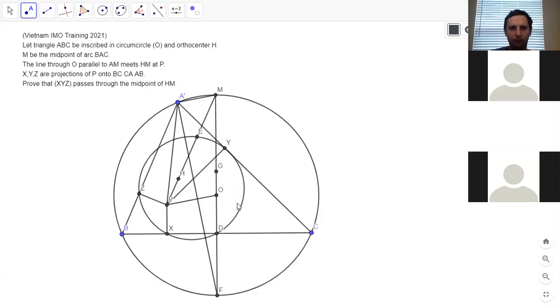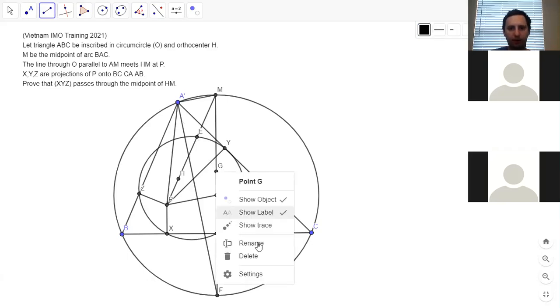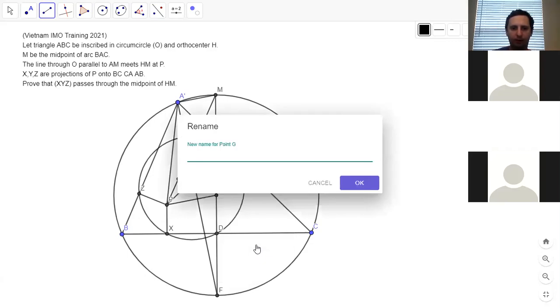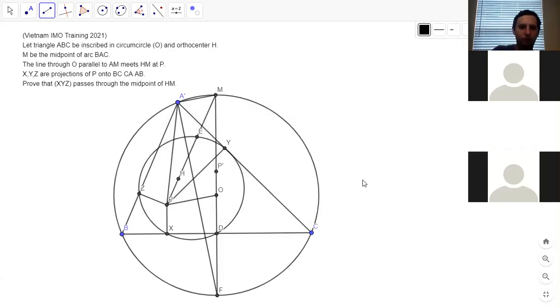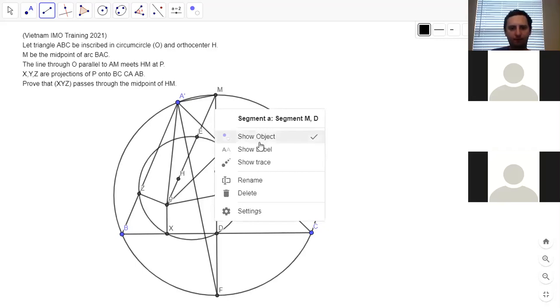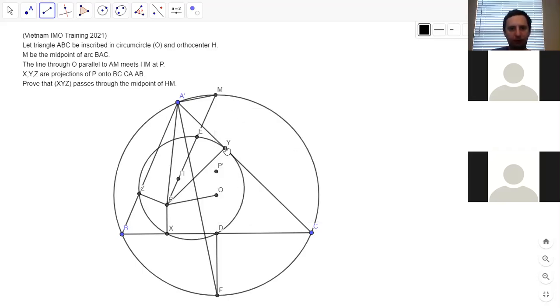But we have to prove, I mean, really, I'll just define this to be P prime, and we want to show that it lies on FM, basically. I'm just defining P prime to be the isogonal conjugate of P. So then we want to show that it lies on MF.